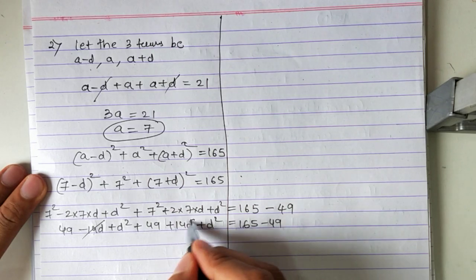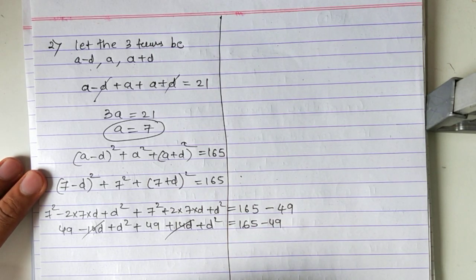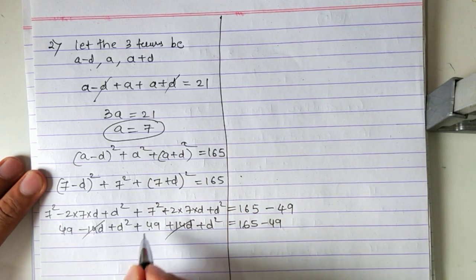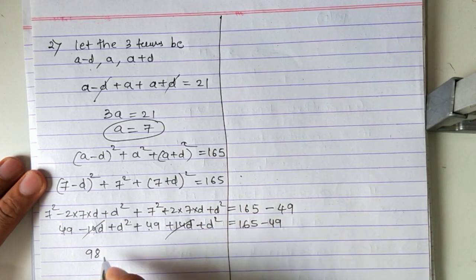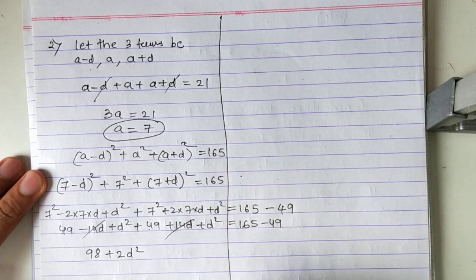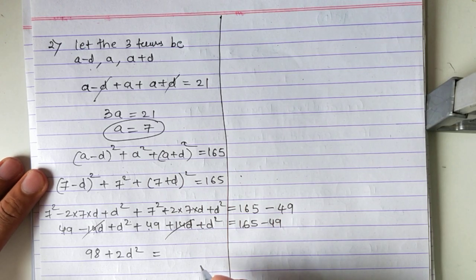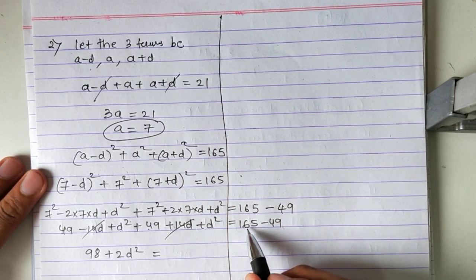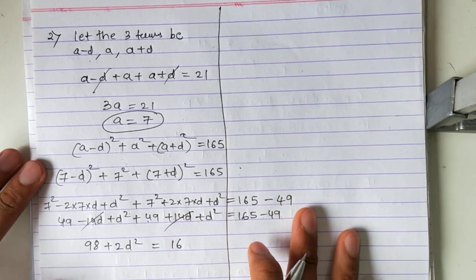So minus 14d plus 14d will get cancelled. 49 plus 49 is 98. d square plus d square is 2d square equals 165 minus 49 is 116.